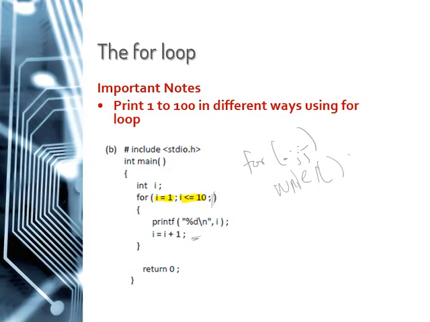In that case, you get an infinite loop. So in this situation, the implementation can be absent as long as it is inside the for loop. In this code, as you can see, it increments inside.